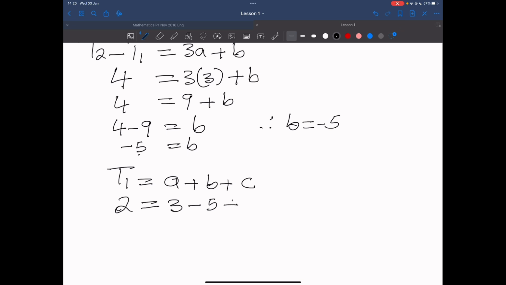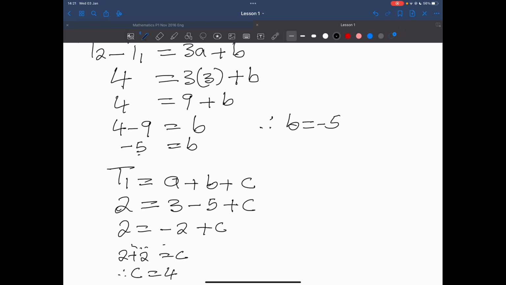And then we substitute, we get the value of c. So let's work it out. We have 3 minus 5, which is negative 2, plus c. Taking c to the other side, it's going to be plus. So we will have 2 plus 2, which is our c. Therefore, our c is 4.